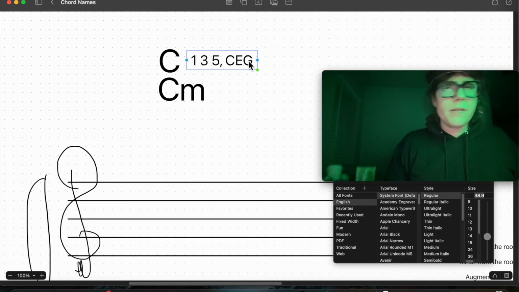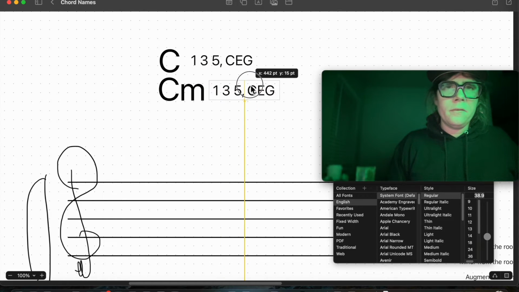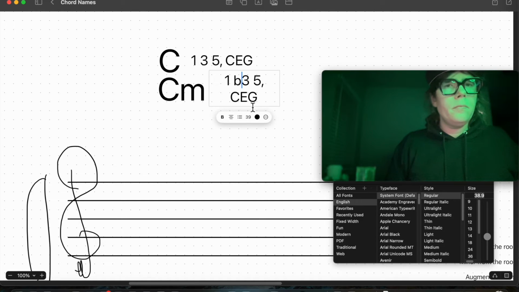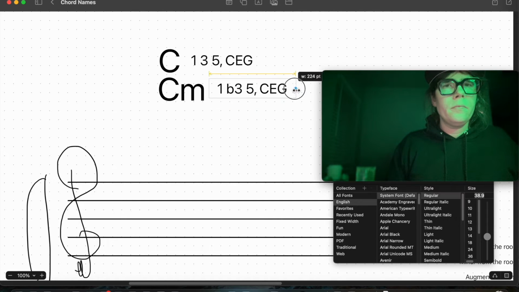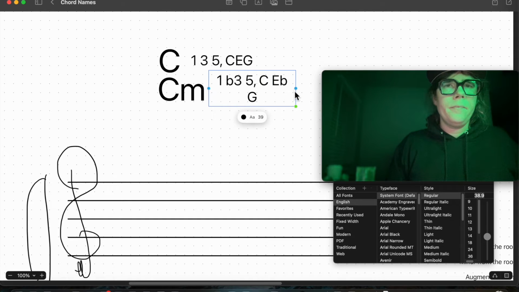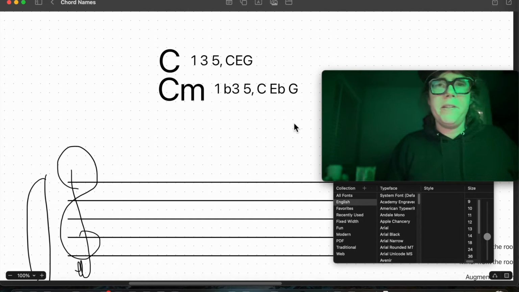Now, what about C minor? Well, this is going to be our construction. There, that's easy to see.